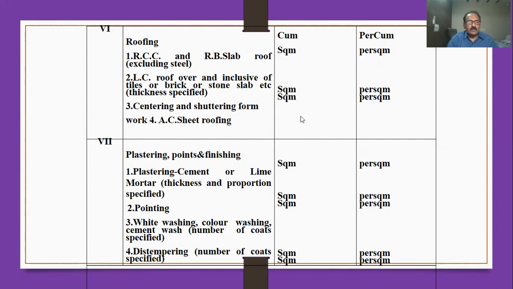Centering, shuttering, what is the unit? Square meter, and payment also per square meter. And plastering, finishing, as discussed just now, the unit is square meter and payment also per square meter. Painting is per square meter.